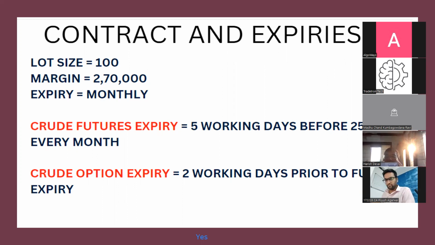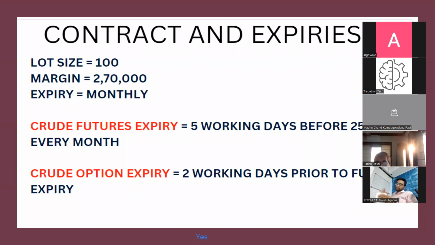The future expiry happens 5 working days prior to the 25th. So if the 25th is a working day, include this 25th also and count back by 5 days, and you will get the crude oil expiry. Like this month, we had the expiry of crude oil futures on the 19th.